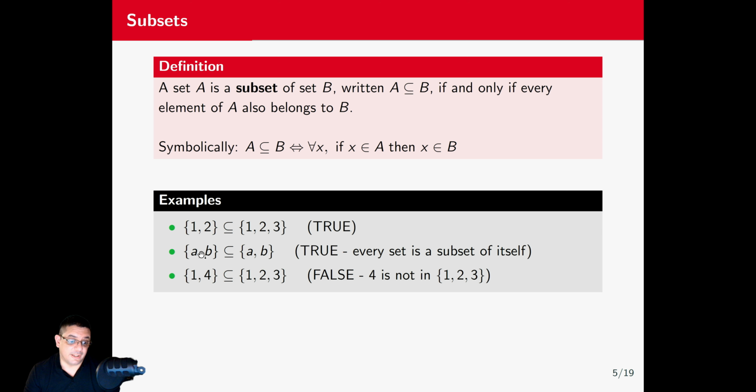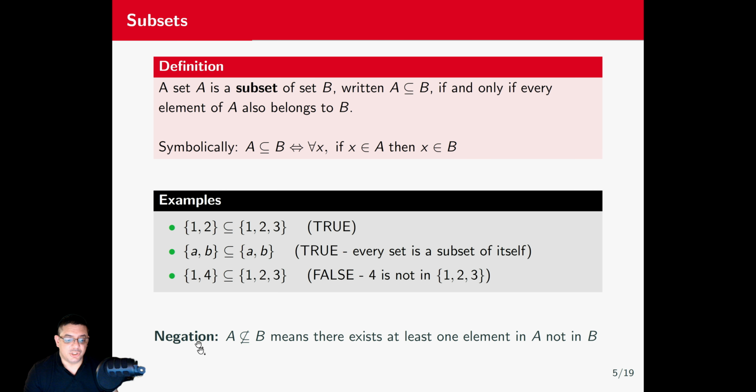The set {a, b} is going to be a subset of {a, b}. Every set is a subset of itself. Now, {1, 4} being a subset of {1, 2, 3} is false, because 4 is not in the {1, 2, 3} set. So that's one example of when it's not going to be a subset.